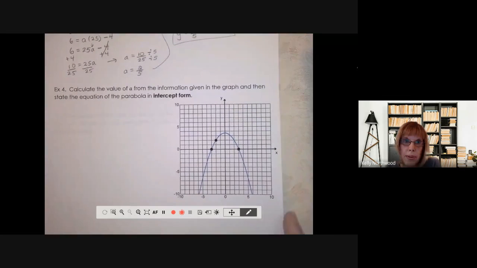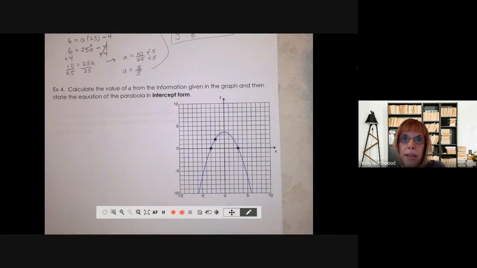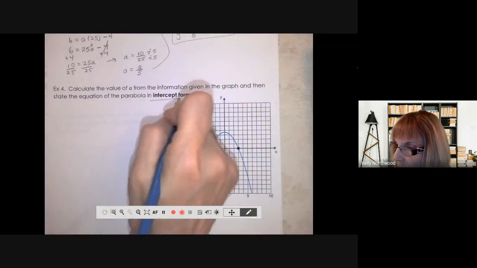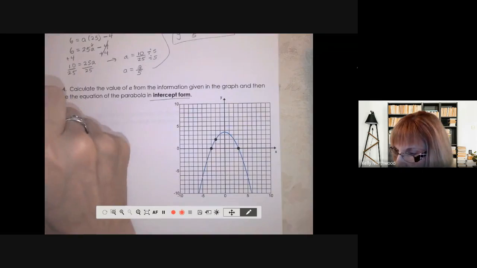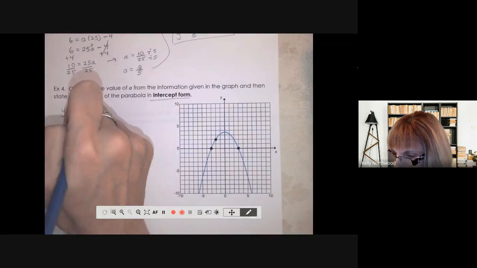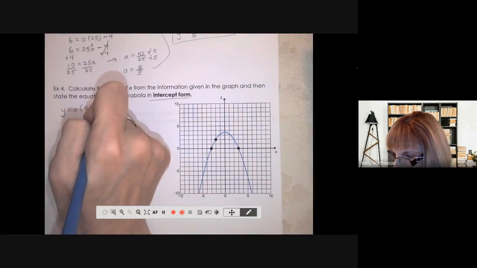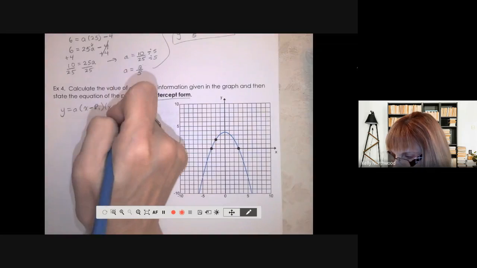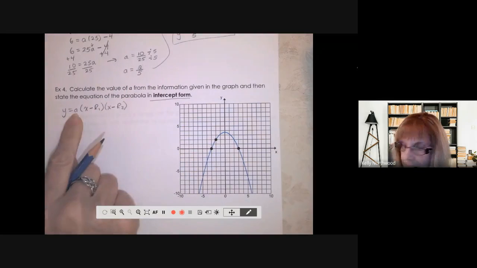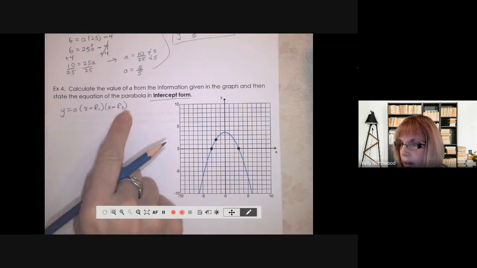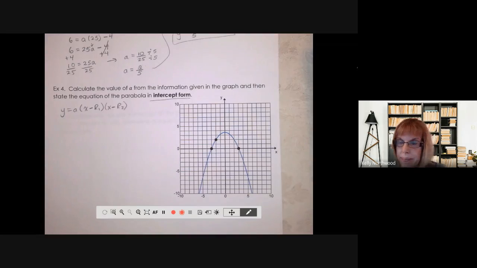So this example says calculate the value of A from the given information in the graph and then state the equation of the parabola in intercept form. So remember, intercept form has this general formula that you learned yesterday, where A is the step number and R1 and R2 are the x-intercepts.